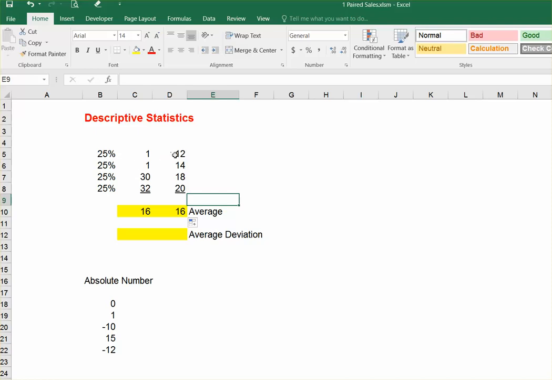Now, in this other number set, you can see that the worst you could do would be 12 and the best you could do would be 20. So there's less risk, but maybe less possibility of return.